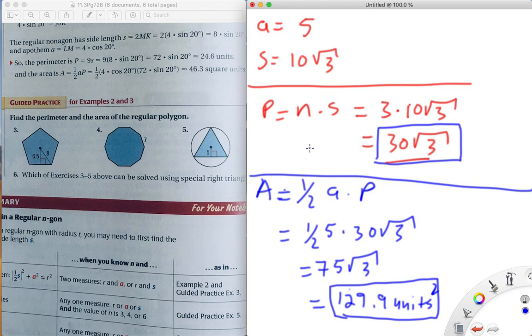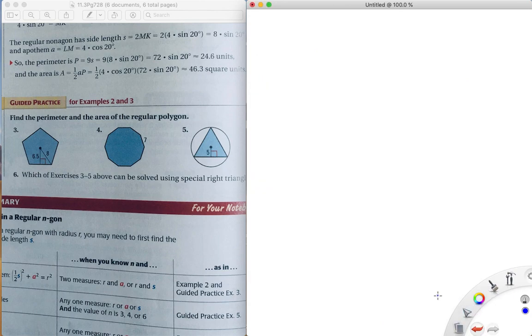The last one, number 6, they ask you which one of these can be solved using special right triangles. That was number 5. And here is the thing about that. Triangles have 3 sides, right? Hexagon has 6 sides.